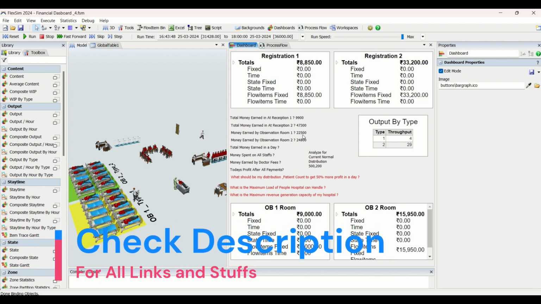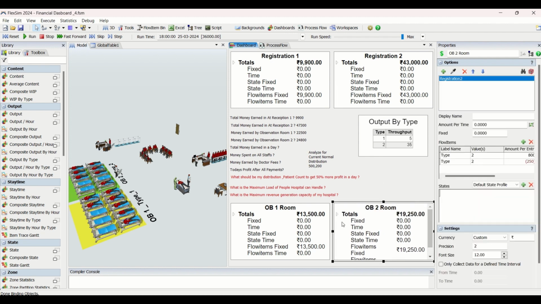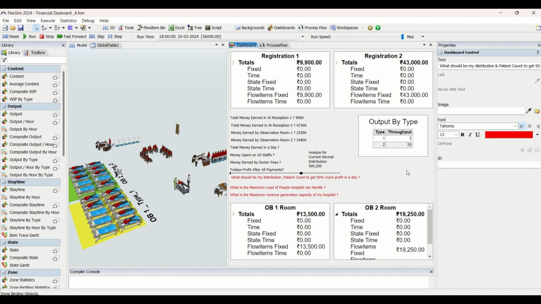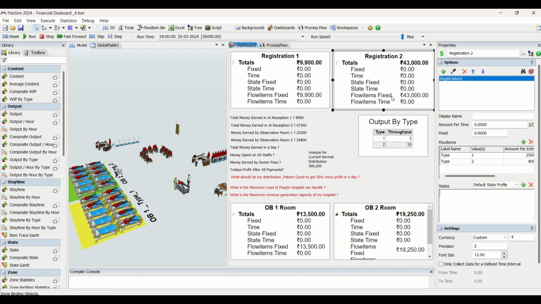So we have the total amount which is to be generated at the end of this, the 36,000 seconds. And if you look at these details, guys, what is going to happen now? We are going to get a lesser collection.